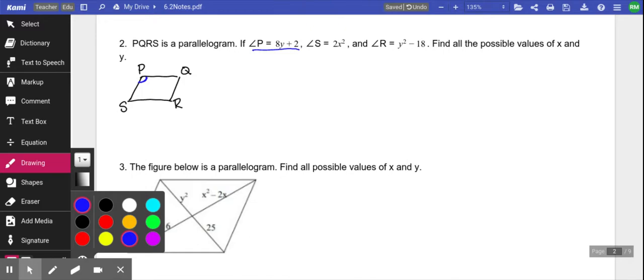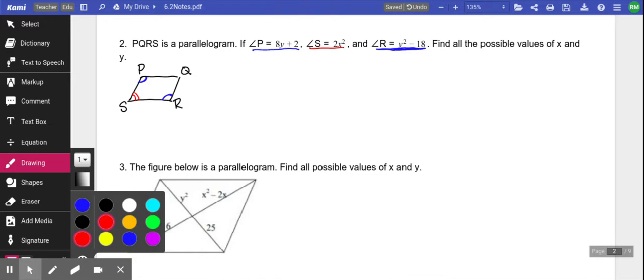Angle R, I'm also going to label blue because I know P and R are congruent. Why? Well, property number 3 tells us so. And then last, angle S, I know is different than P and R, so I'm going to label it red.